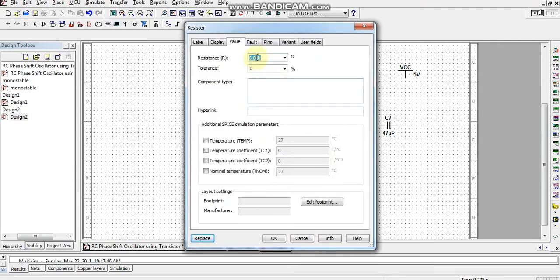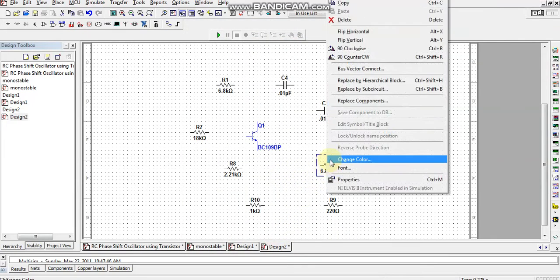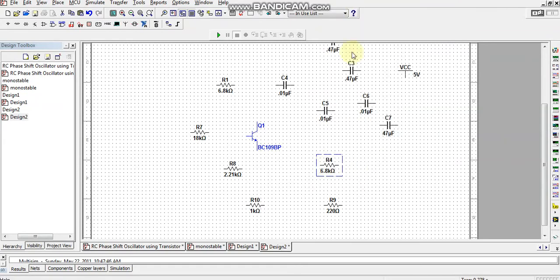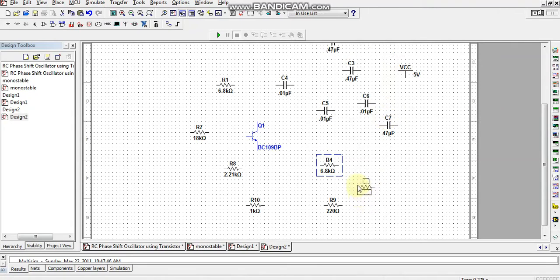Okay, 6.8 kilo ohm. And one more resistor of 6.8 kilo ohm I wanted. So I'll copy and paste here, and you will get one more 6.8 kilo ohm.